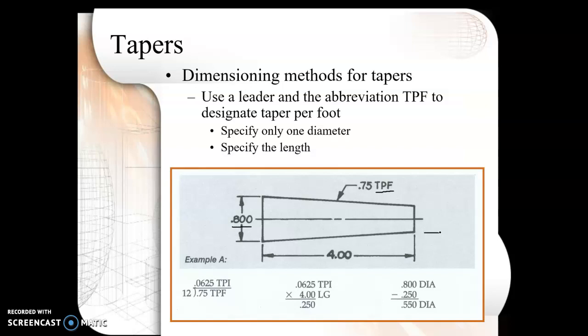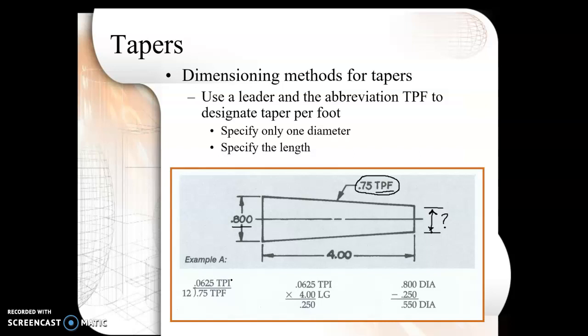So if we wanted to know what is the diameter at this end, we can calculate that based on the known information. So the first thing we want to do is take this taper per foot, the 0.75 TPF, and determine how much taper there is per inch.